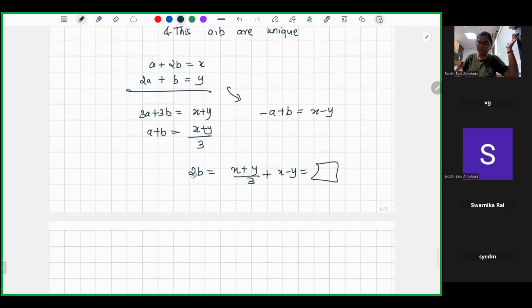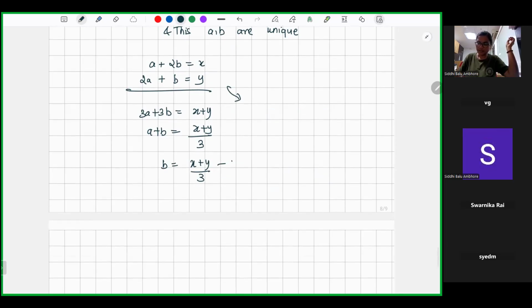Or you don't even have to do that. Just choose that b is (x plus y) by 3 minus a, and if I substitute this in one of these two equations... oh, I can't do that, right?